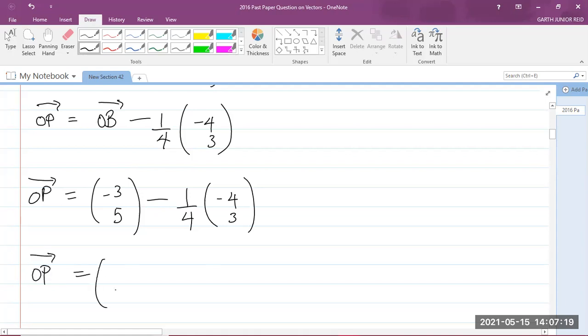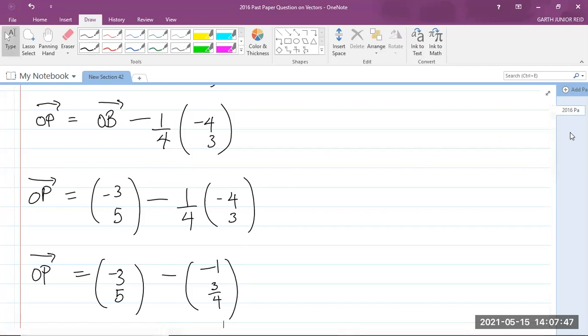I'm going to perform scalar multiplication here. So I'm going to multiply the 1 over 4 by each term in the vector. 1 over 4 multiplied by negative 4 gives us negative 1, and 1 over 4 multiplied by 3 will give us 3 over 4. That is what we will get.